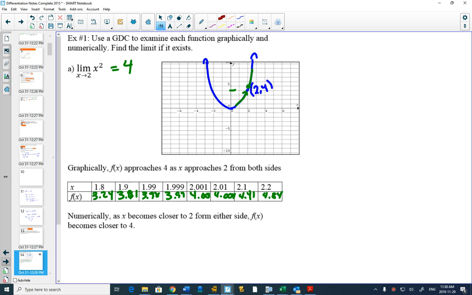But the idea right here, as you get close to 2, the numbers seem to indicate that we're getting closer to 4. How would I ask you to evaluate a limit like this one? I'm going to tell you, evaluating a limit like this one, you just have to plug the number in. Super easy.